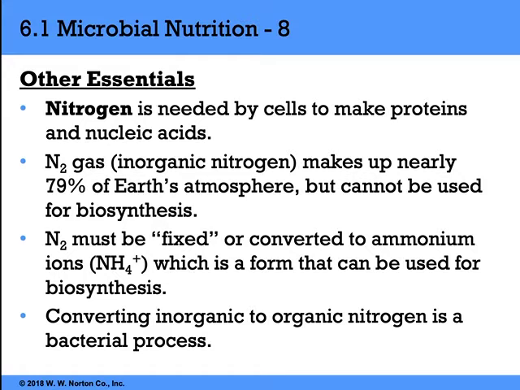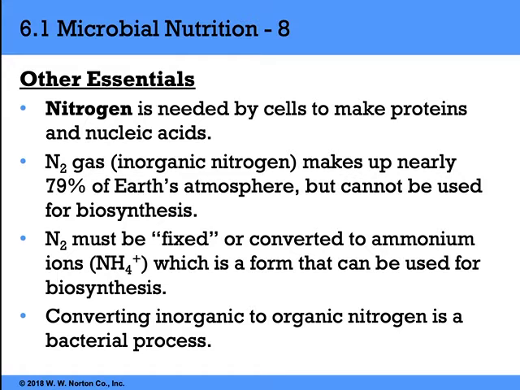If we're an organism, we can absorb it across the cell membrane, but it has to be in a water-soluble form, okay, for most organisms, meaning generally it has to be combined with something like oxygen or hydrogen in order for it to be organically available, because nitrogen gas is a very stable compound. It makes up almost 80% of the air we breathe, but in that form, it can't be used to create things like amino acids or nucleic acids or nucleotides, okay?